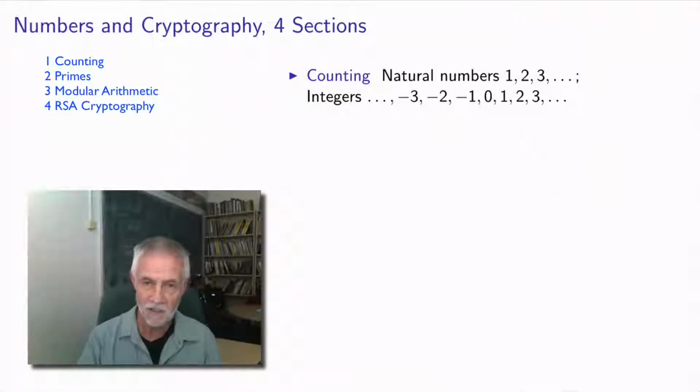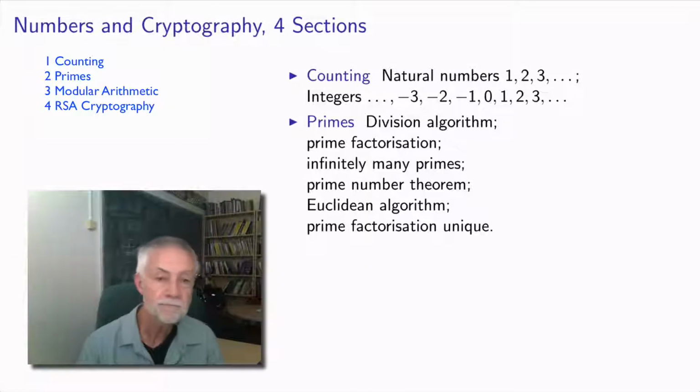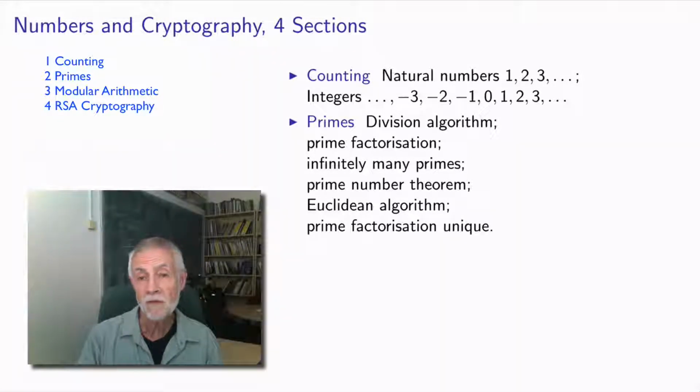And I should remark at this point that the sections are not of equal length by any means. So the second section on prime numbers discusses the division algorithm, which is a way of formalising division. When we divide 2 integers, we have a quotient, we have a remainder. Then we discuss prime factorisation. We show that any integer can be written as a product of primes. This is not particularly hard, but more on that matter later.